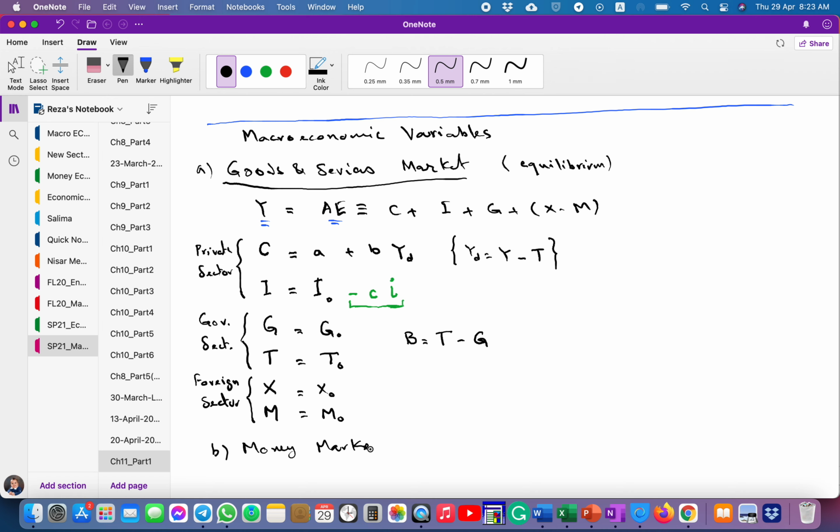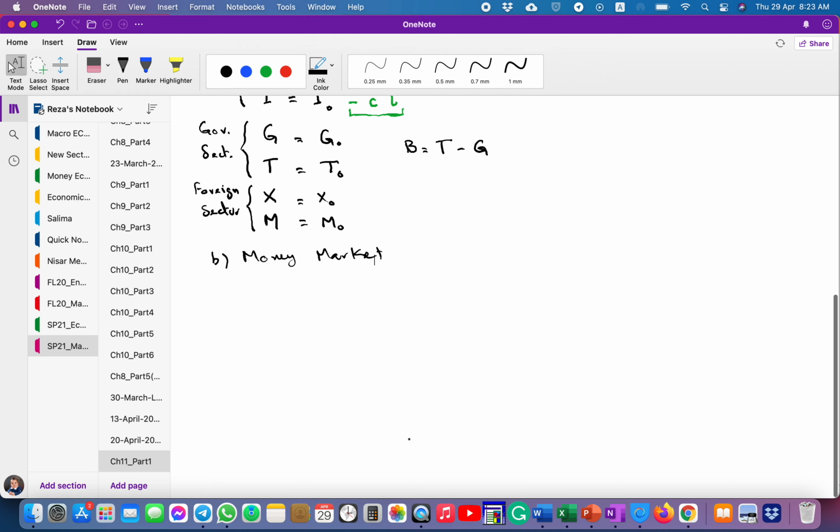In the money market, we briefly explained the variables which we have. It's money aggregate M1. We equate this as the money supply. And the money supply is controlled by the central banks, and it's a function of the policy tools which the central bank has in its control.